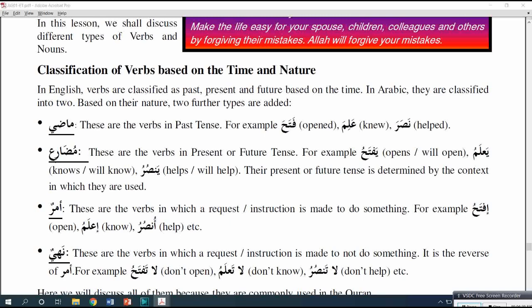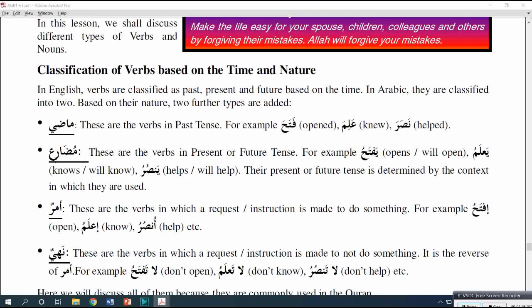Now, as I told you, besides types of time, in Arabic there are further types, which are called amr and nahy. Amr means command and nahy means prohibition. Amr means verbs in which a request or instruction is made to do something. For example, iftah, open it.